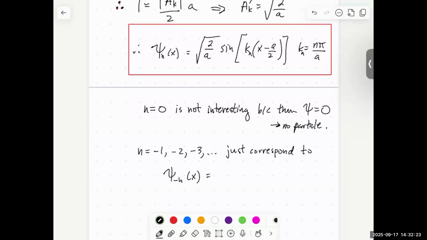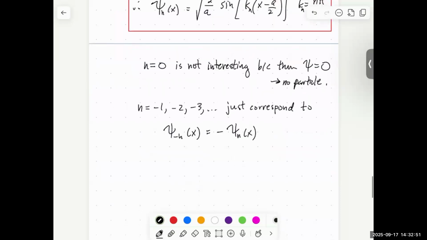So this is just the same thing as minus phi n of x. However, all measurable quantities, like we already argued, are going to be determined from the absolute square of these stationary states. And so the negative sign doesn't matter. It doesn't give any new information that's not already in the positive version of n.